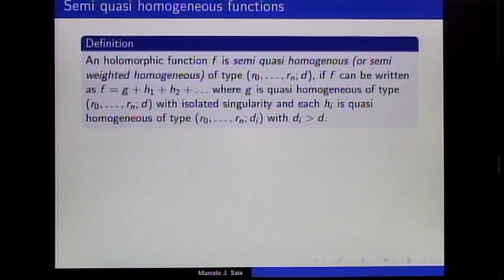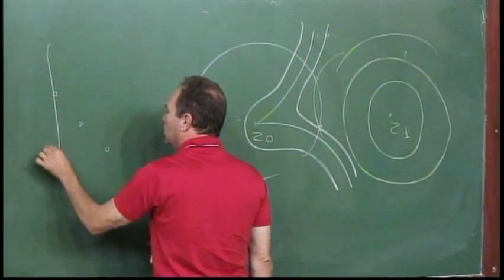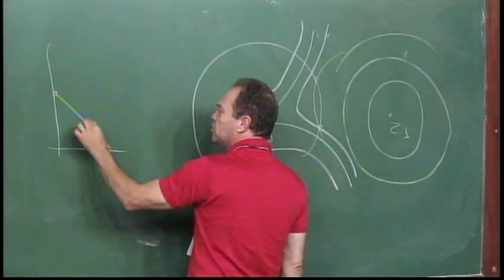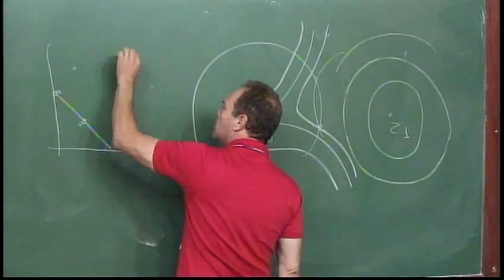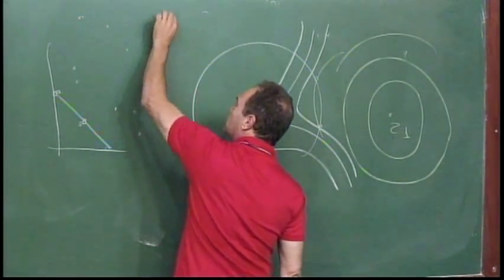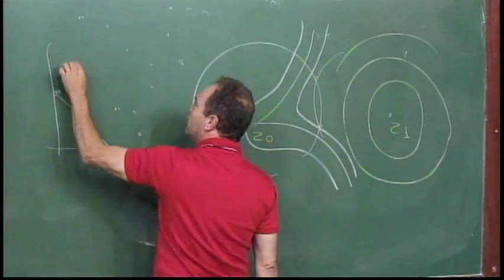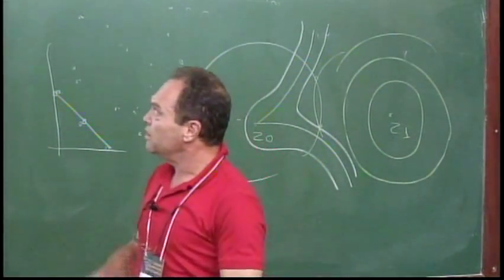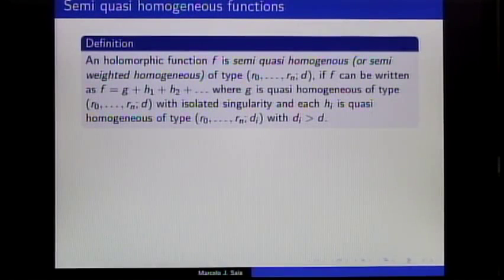This is a very classical question in local singularity theory, and it's well known from all the articles that I told you before, that if the function is semi-quasi-homogeneous, to be semi-quasi-homogeneous means that you have a function which is quasi-homogeneous with isolated singularity, and then you add as many monomials as you want, but with weight degree strictly bigger than the first weight degree that you fixed.